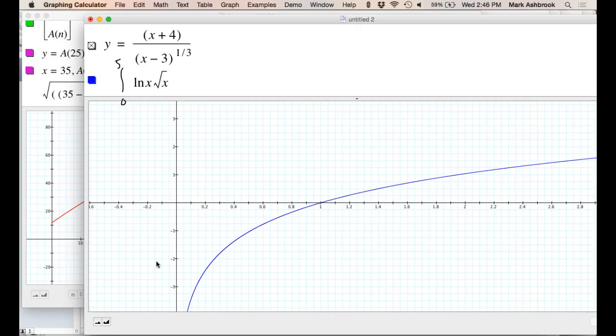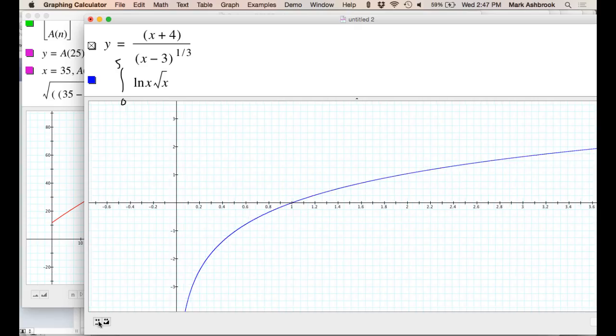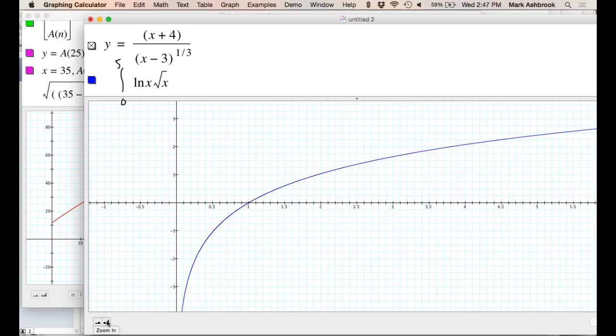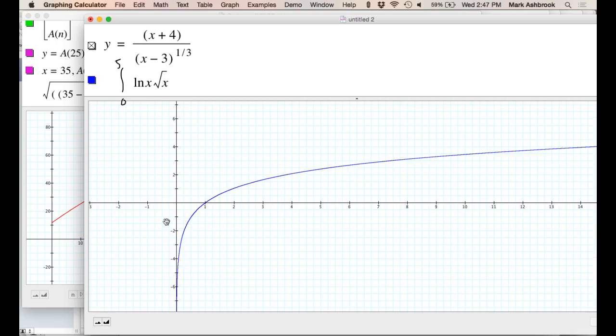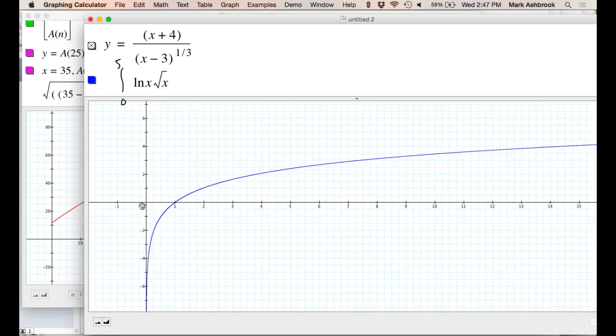Yeah, so at 0, this rate function gets infinitely negative, right? So it gets really big negative. So we're going to evaluate the total change in this quantity, whose rate is ln of x over radical x, from 0 to 5. So we have an issue here at 0, so we need a limit.